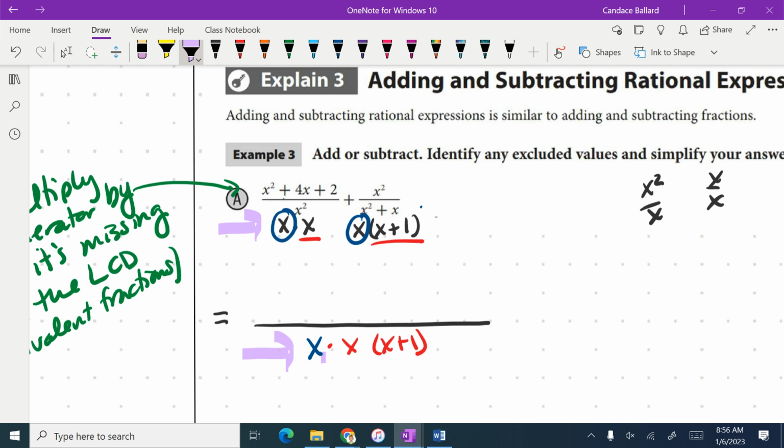I have an X, a blue X, a red X. What's missing? X plus 1, right? I don't have this piece in that first term. Does that make sense? So what I need to do is multiply this by the missing X plus 1.